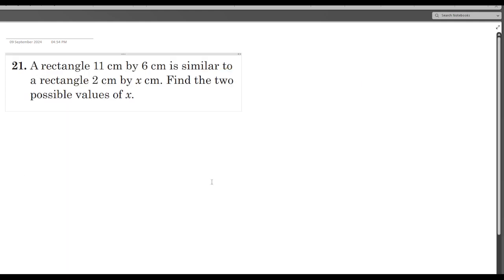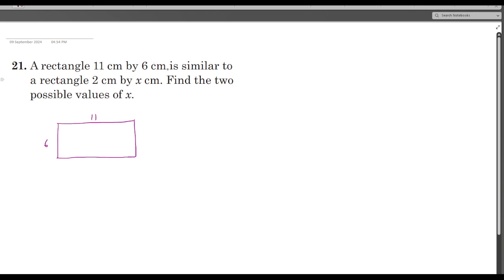Okay, next question. A rectangle 11 centimeter by 6 centimeter is similar to a rectangle 2 centimeter by x centimeter. Find the two possible values of x. A rectangle 11 centimeter by 6 centimeter, so this is 11 and this is 6.